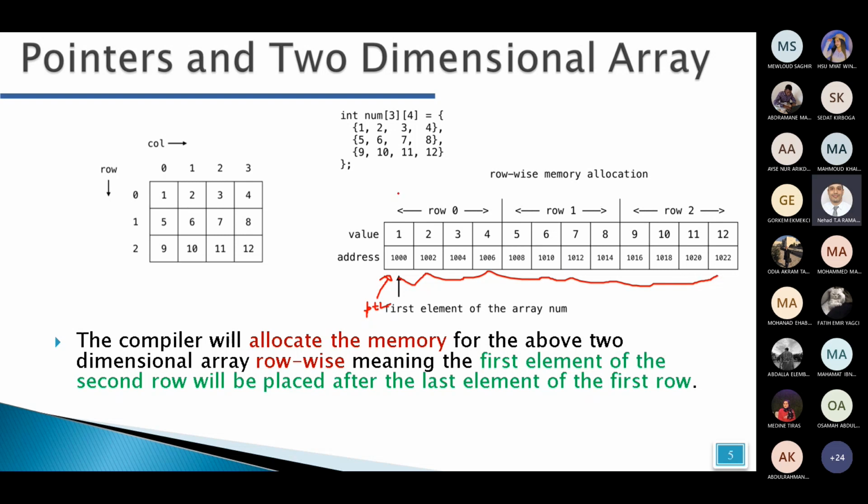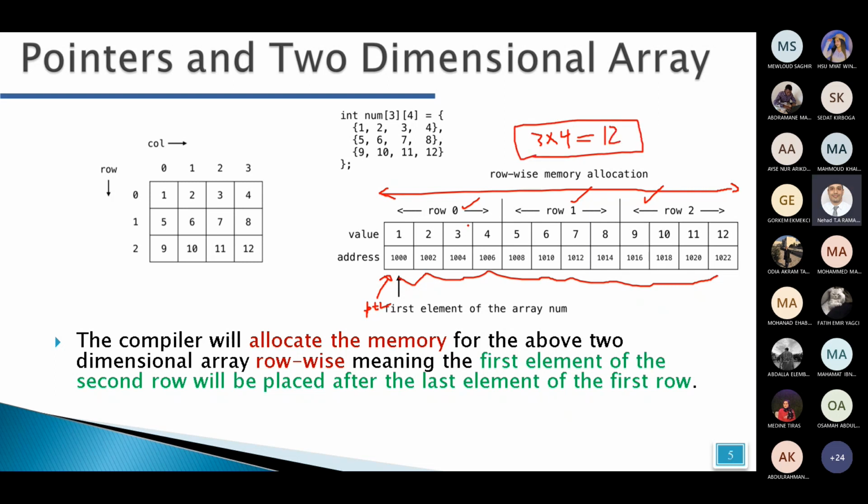But in this case, we need to know how many elements we have. So how many elements do we have? Number of rows, which is 3, and each one has 4 elements. So 3 multiplied by 4, then we have 12 elements.